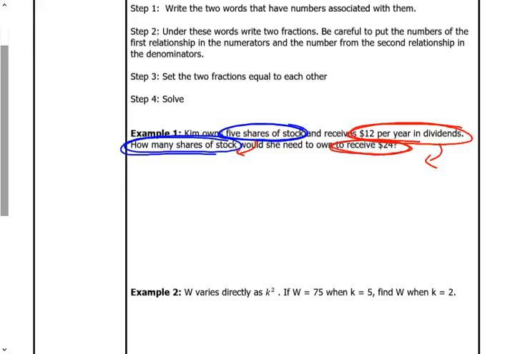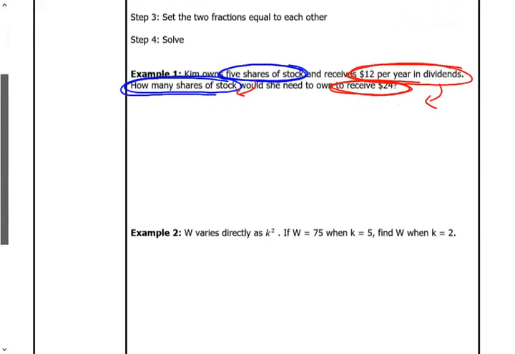So rather than use y equals kx, which I could, I'm going to make this into a proportion. And what am I going to do? I'm going to do 5 over x equals 12 over 24. A direct variation is a proportion. So as long as I keep these consistent, I can solve this by cross multiplying.